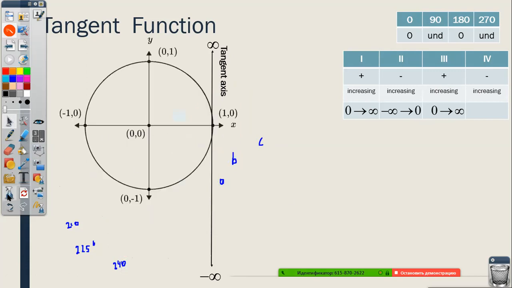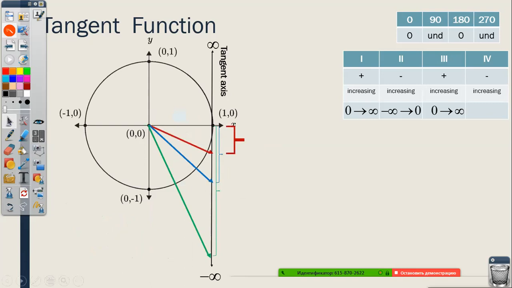Then let's see the fourth quadrant. Again three angles: 300 degrees, 315, 330, and 350. This distance is the tangent of 300 degrees, so let's write minus a, so it's negative.